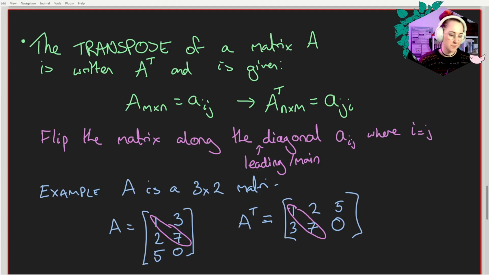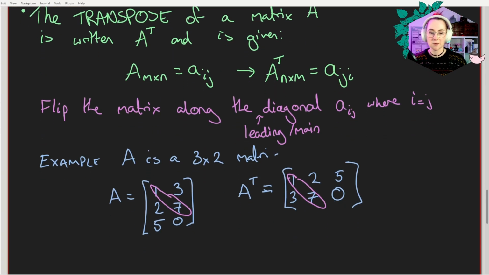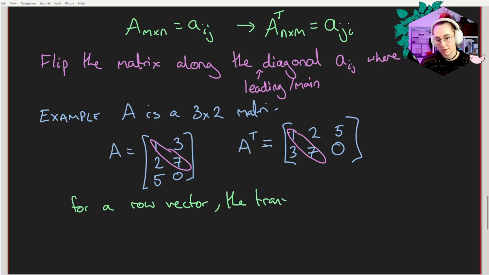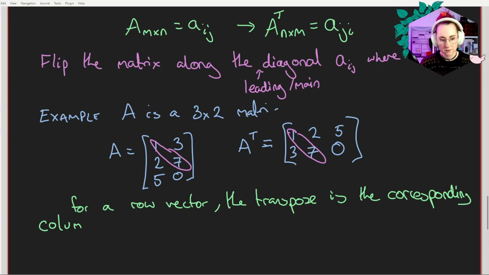So transposing a matrix will be really useful, and this is where I was saying a column vector and a row vector are basically the same thing, but don't tell anyone, if you are only working with one specific type of vector. For a vector v, v transpose is the corresponding column vector.